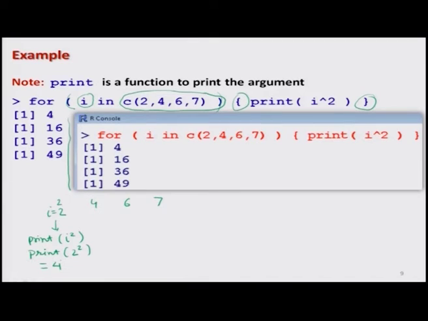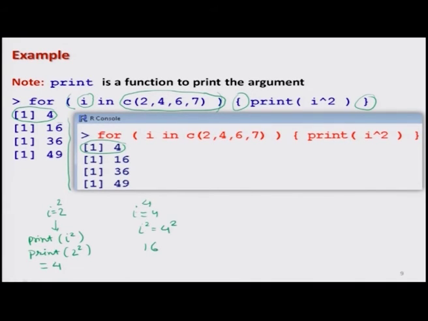And you can see in the output, either on the screen or in the screenshot, that we are getting the same thing. Now I take some more values. I take the next value, which is 4. So I becomes 4, and the value of I square, which is 4 square, is printed, and the answer comes out to be 16.